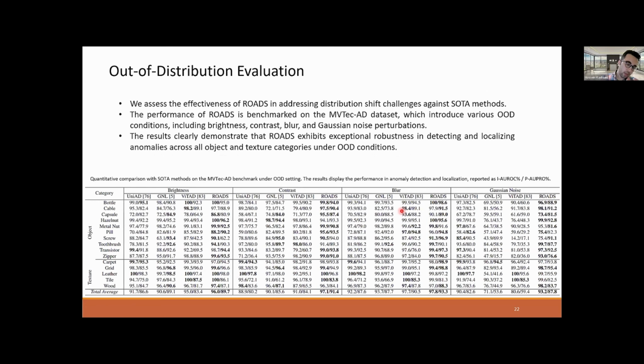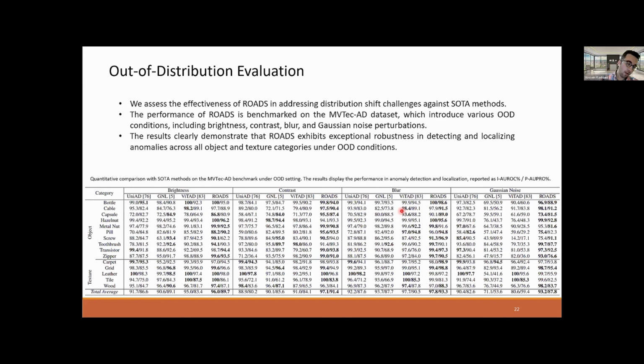And another contribution of this paper, as I mentioned, is related to robustness. So we curate a benchmark based on MVTec and VisA, but under distribution shift. To do so, we curate this distribution shift based on brightness, contrast, Gaussian blur, and also Gaussian noise, and gauge the performance of our detector under this distribution shift.